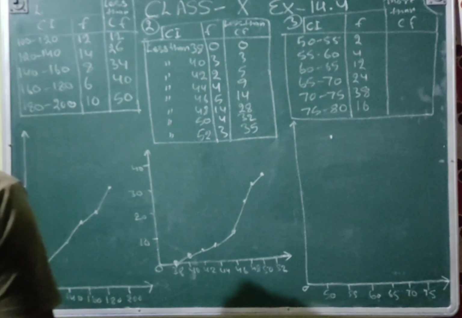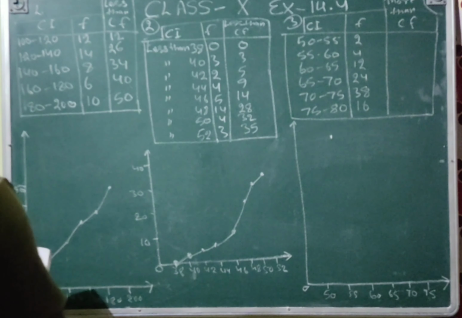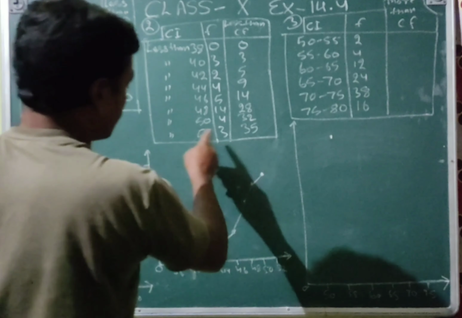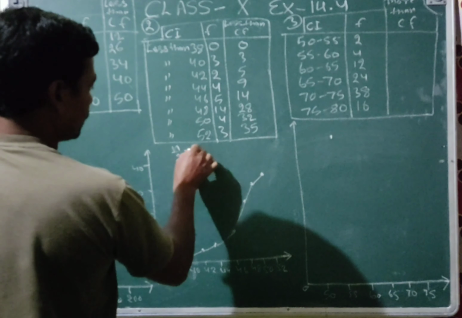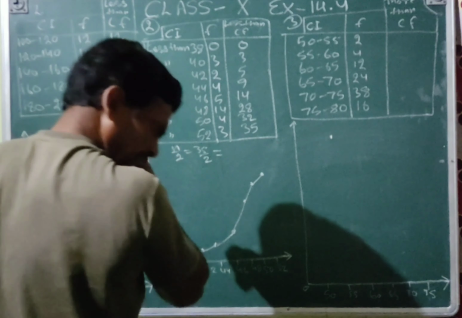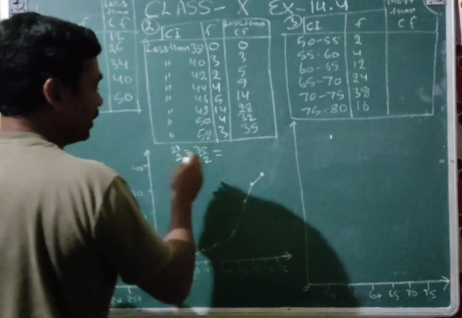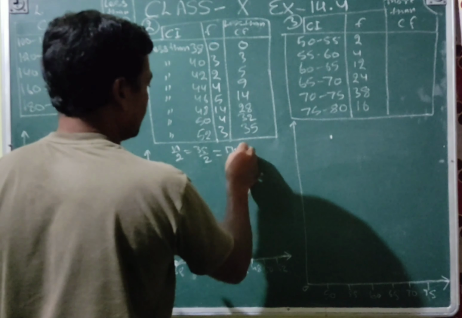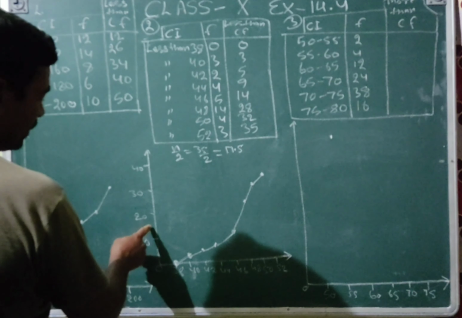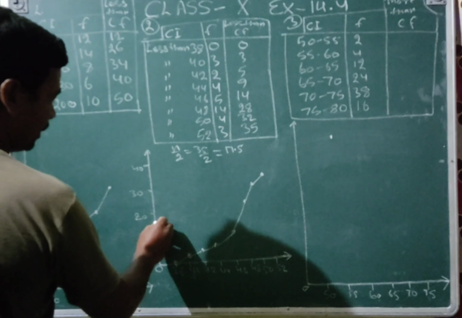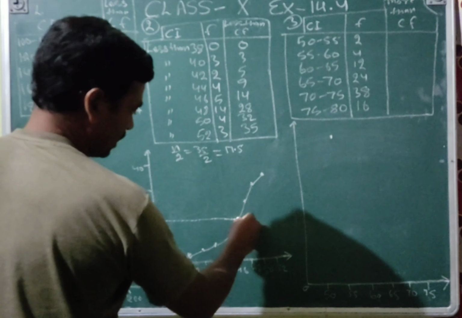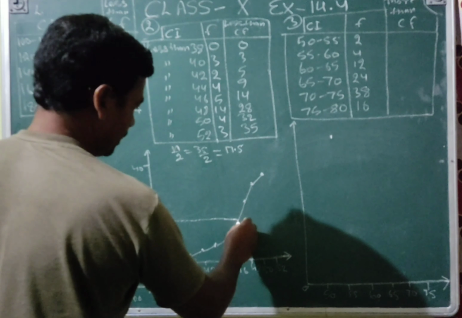Right? And then the median weight also we will find here. So n by 2 is equal to 35 by 2, that will be 17.5. So you will see here 17.5, just up to here. By the scale you make a straight line, like a perpendicular, down to that side.